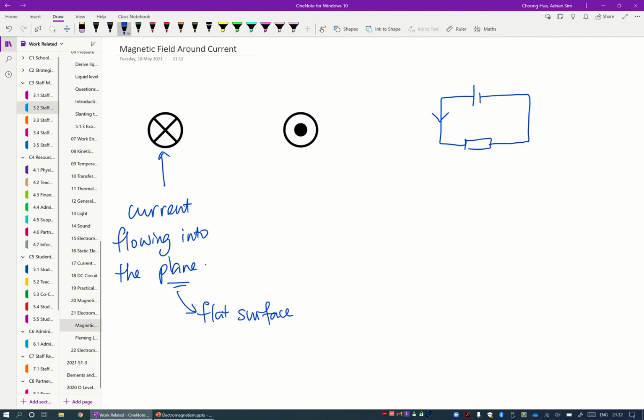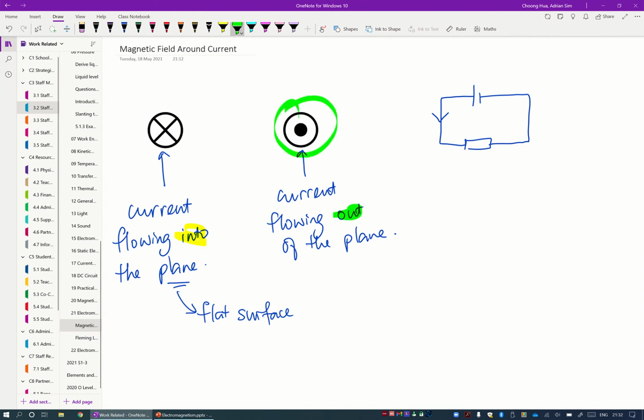So the cross represents the current flowing into the plane, and the dot with a circle represents current flowing out of the plane. So one is flowing in and the other is flowing out. Note how the current is drawn.